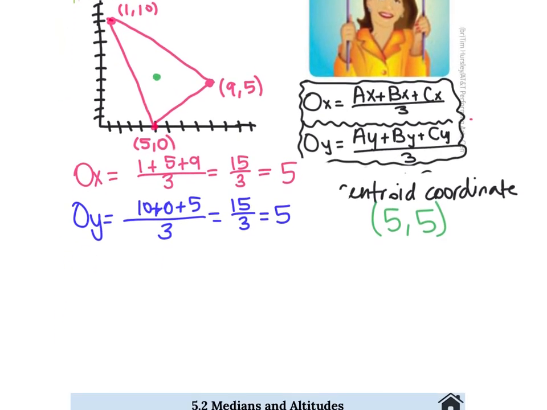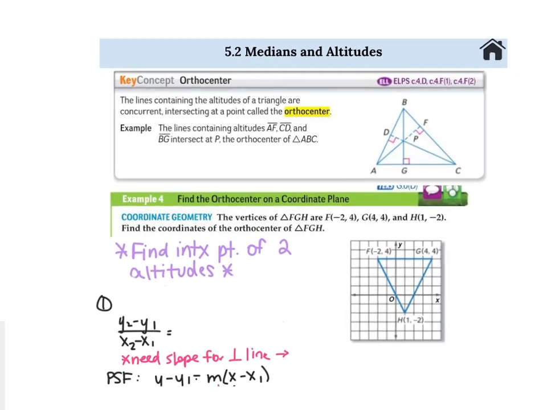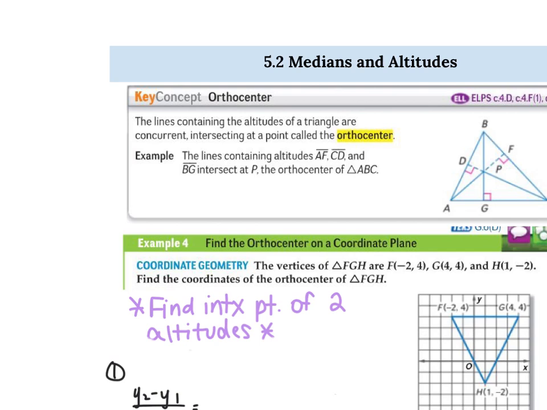One last thing, and then we will be done with the notes today. So for altitudes, the second part, remember, the altitude is going to be the height of our triangle. So we go from the vertex to the opposite side, just like we did for the median, but the difference is your altitude is perpendicular.